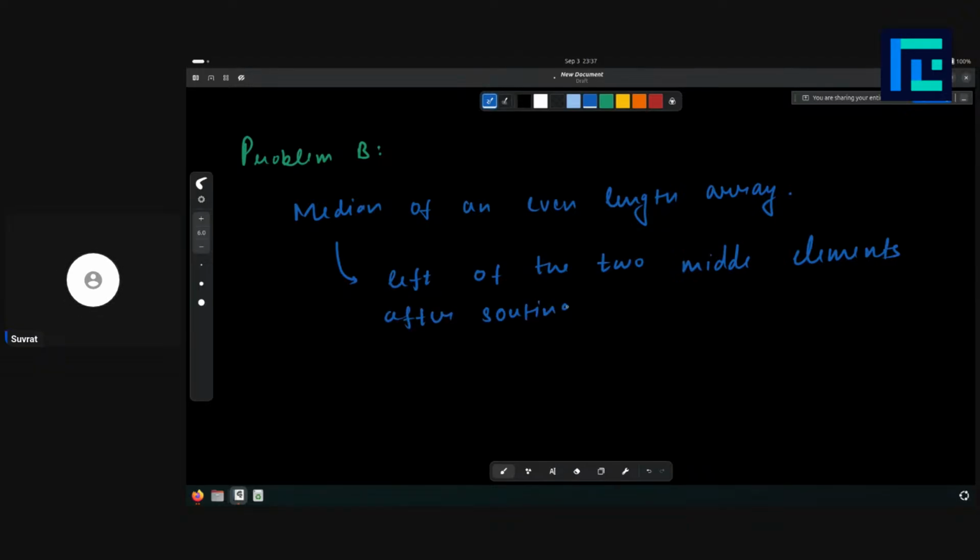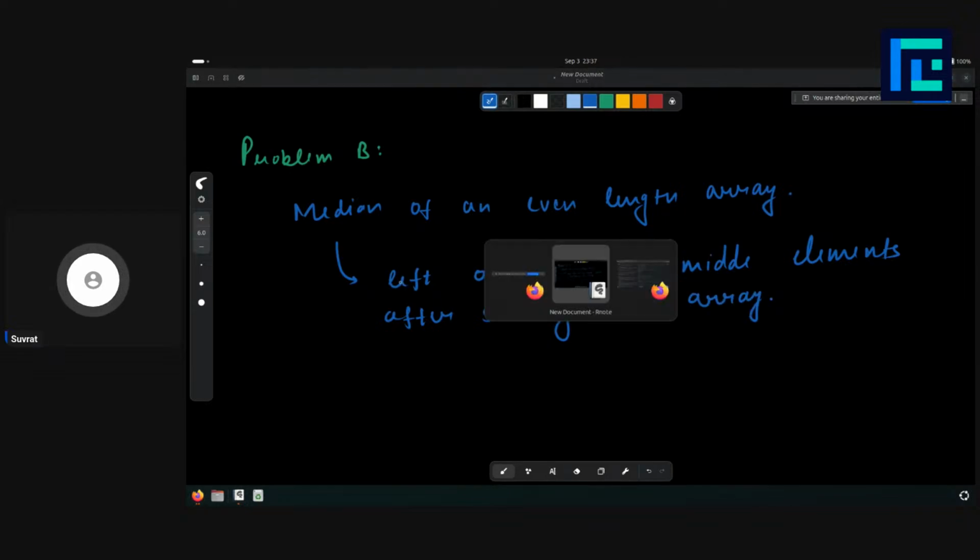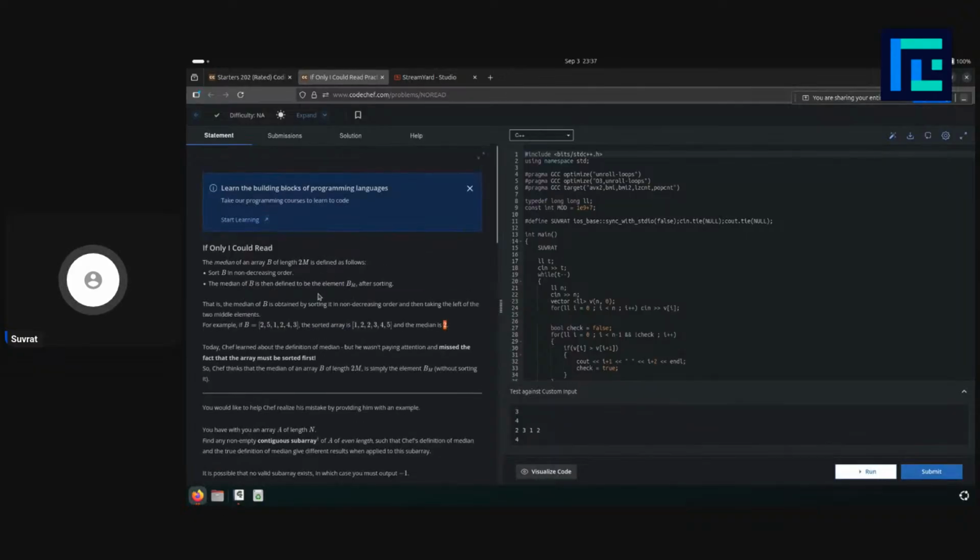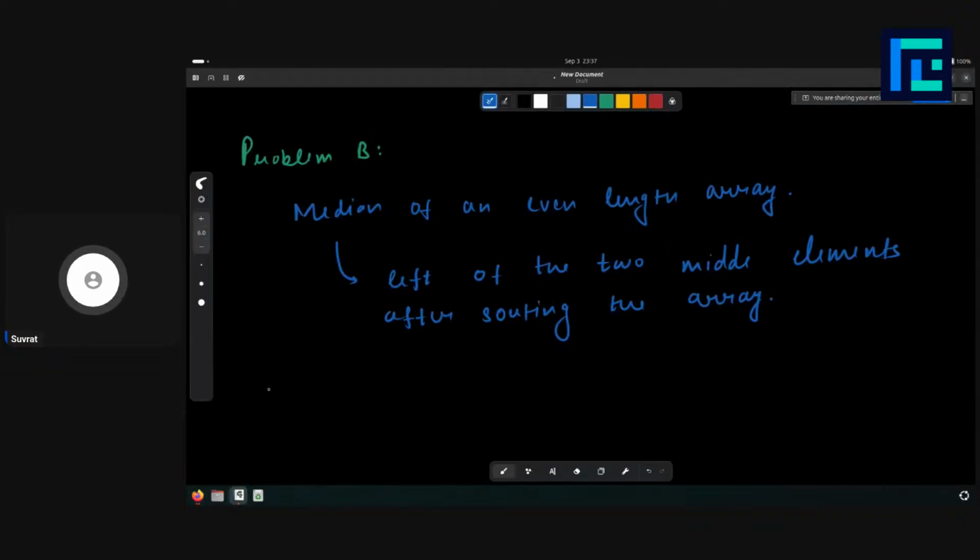Let's take the example that was given in the test case: 2, 5, 1, 2, 4, 3. To find the median of an array, we first sort it. After sorting it looks like 1, 2, 2, 3, 4, 5. And now in an even length array, there are two middle elements. So this one is the median. The left middle element is the median.